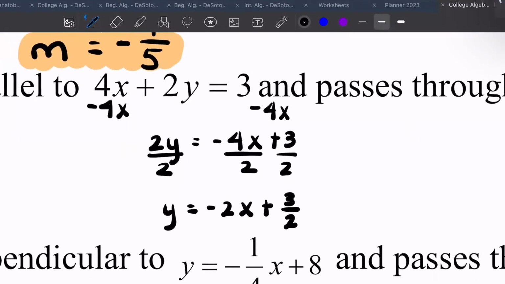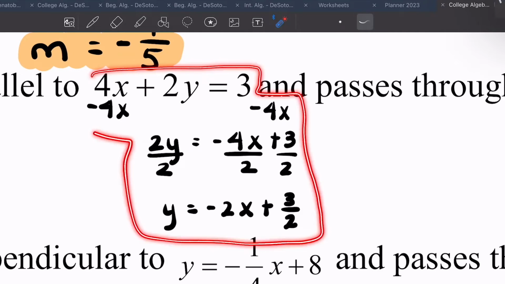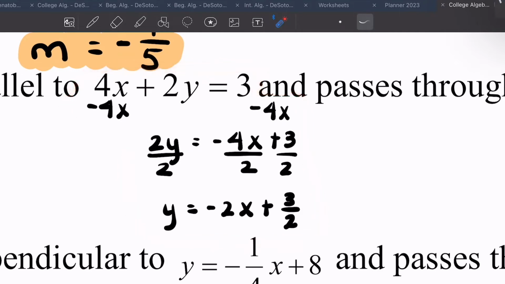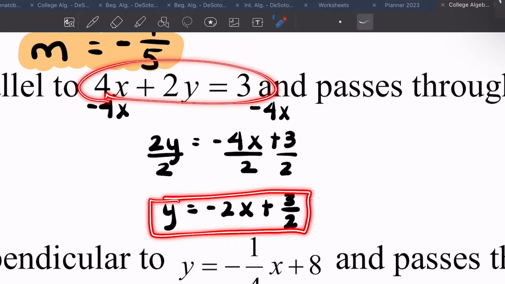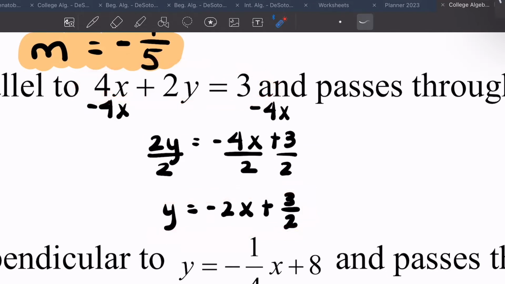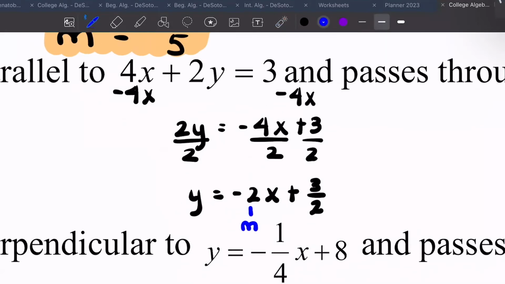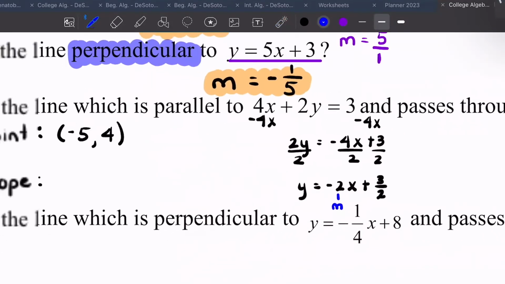Okay, this is my line that I was given. This has nothing to do with being parallel yet. I put the line that I was given into y equals mx plus b slope intercept form, okay? This is your m, right? Negative 2 is your m, all right?